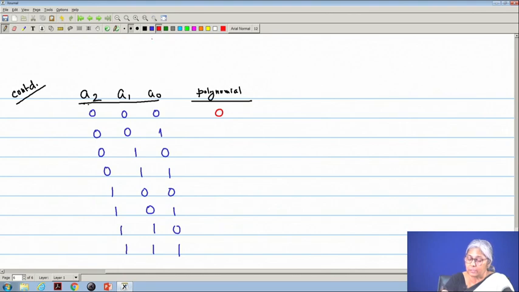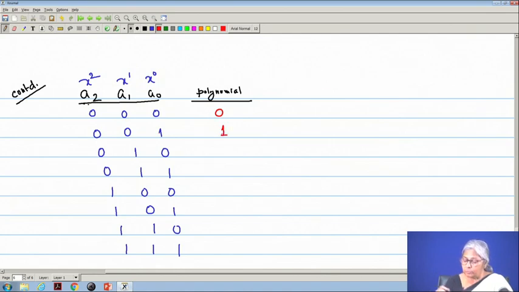If I write position-wise, this is my x to the power 0 term, this is x to the power 1 term and x to the power 2 term, because it is a2 x square, a1 x1 and a0 x0. So, I can write that it is 0, and this is 1, since x to the power 0 is 1.